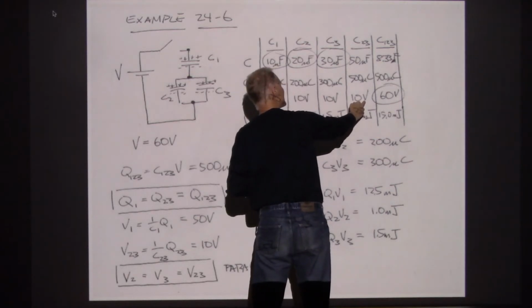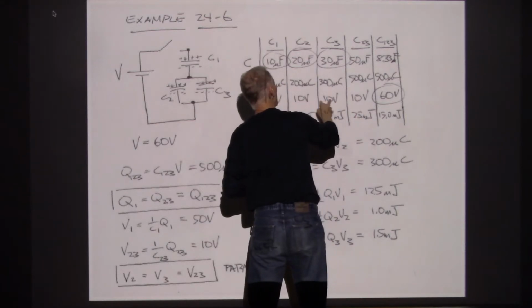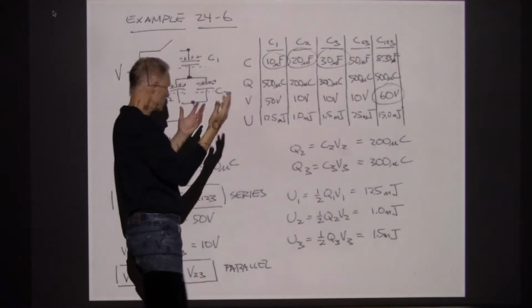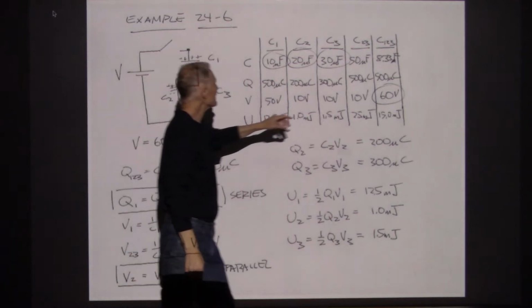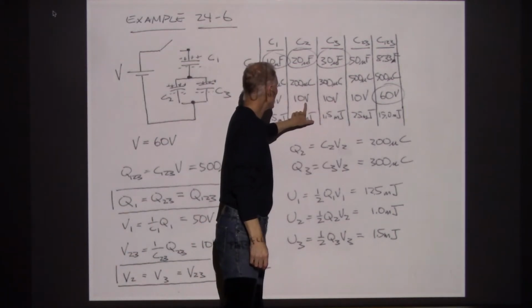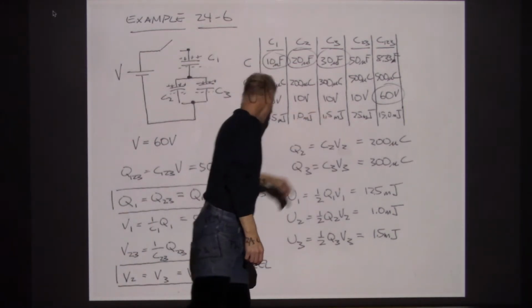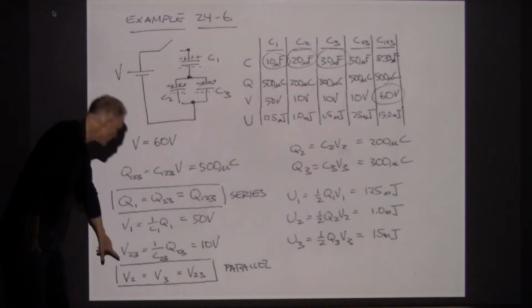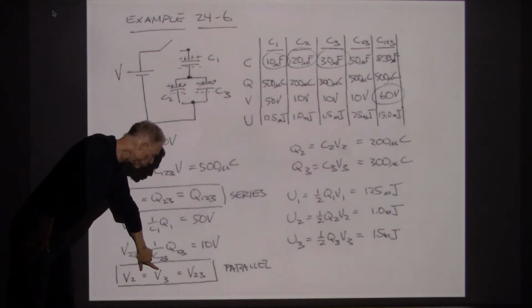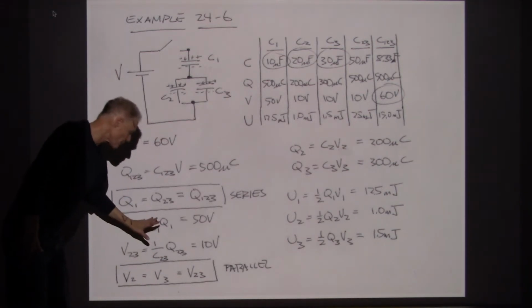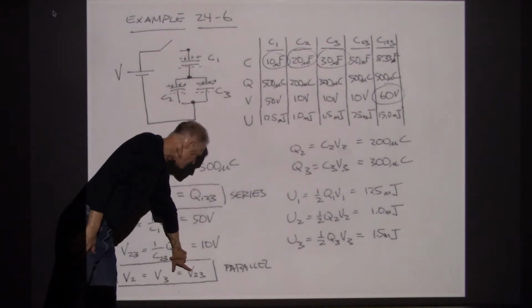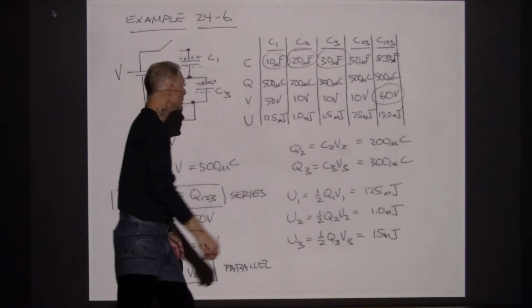But this is still a combined capacitor. This can be divided up by parallel. And it says that the voltages on C2 and C3, the next step here is to say V2 has the same voltage as V3, and that's going to match the V23.